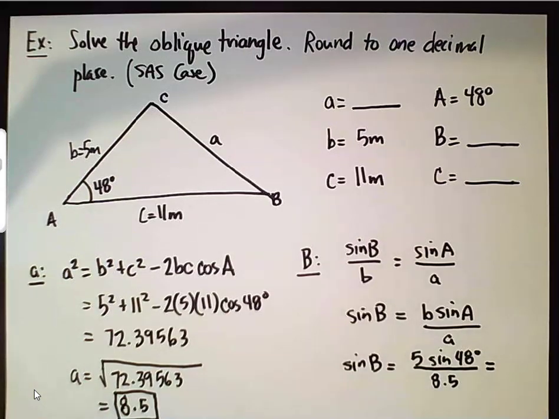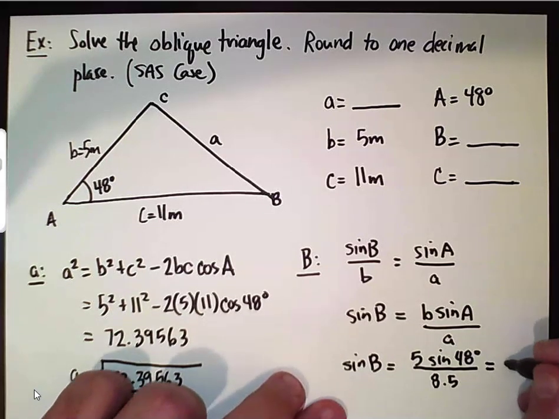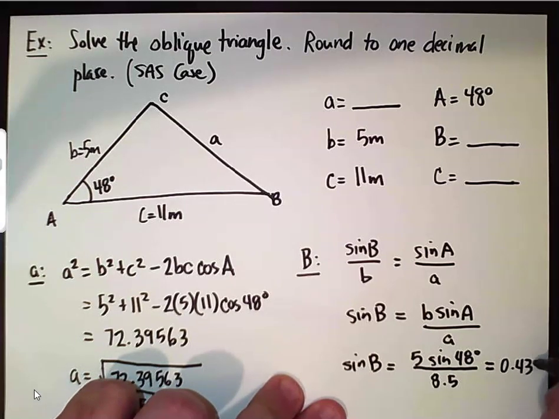And so 5 times the sine of 48 is equal to that. And then we divide that by 8.5, and we get that the sine of angle B is 0.437.